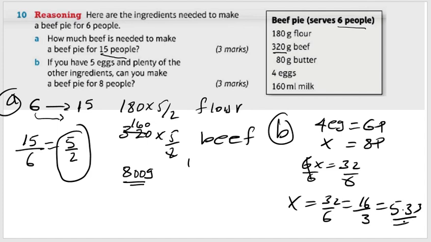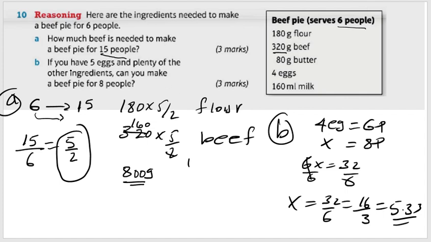It's not exactly 5 eggs needed, it must be more than 5. Like 0.3 means there is no 0.3 egg, but it should be more than 5, nearly 5.5, or not exactly 5. It's not 6, it's not 5, but it should be a little bit more.